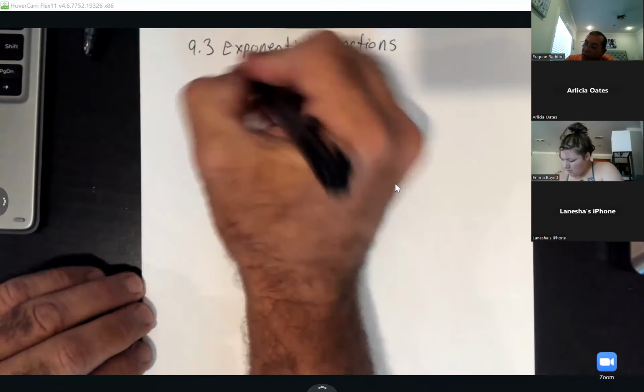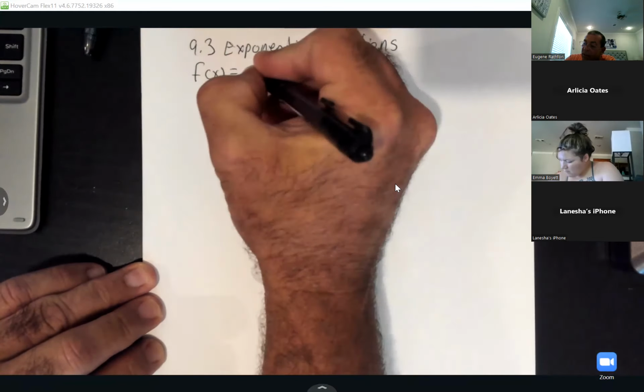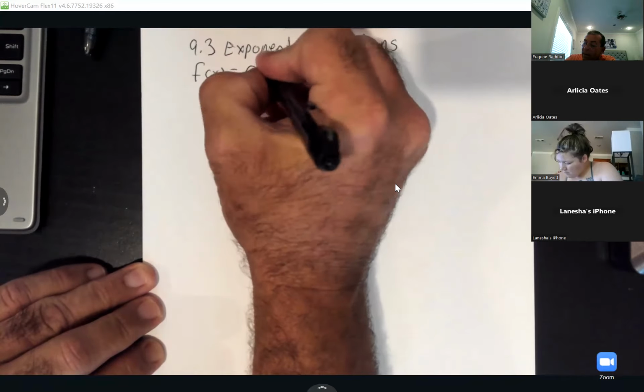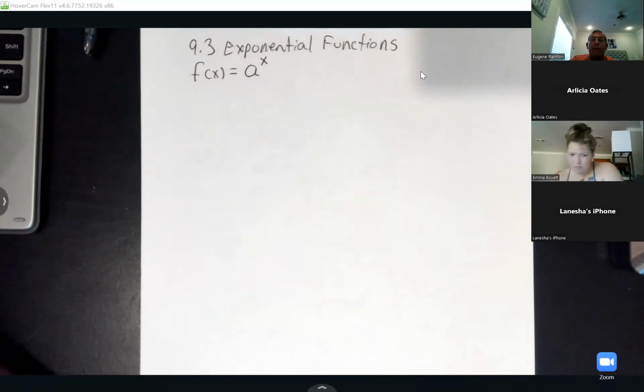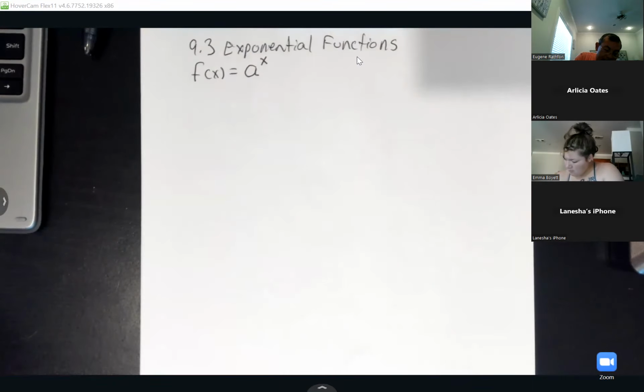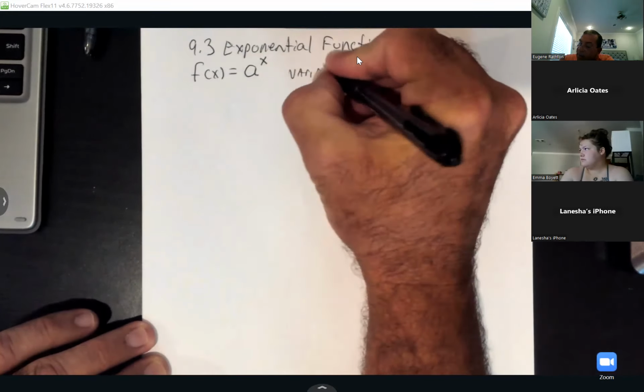And exponential functions will be functions like f of x equals a to the x, where the variable is now the exponent. Okay, so the variable is the exponent.